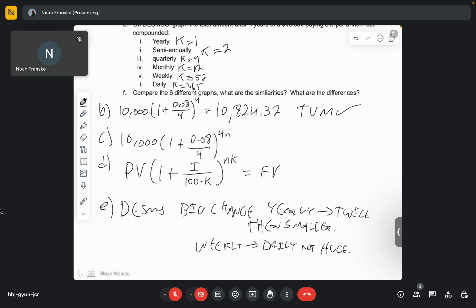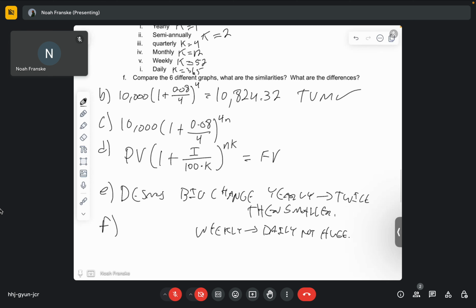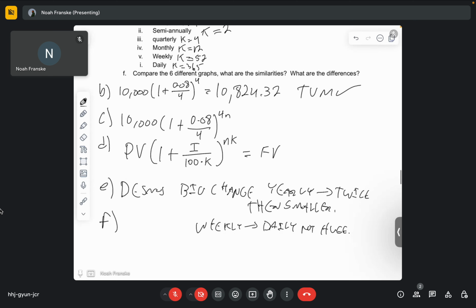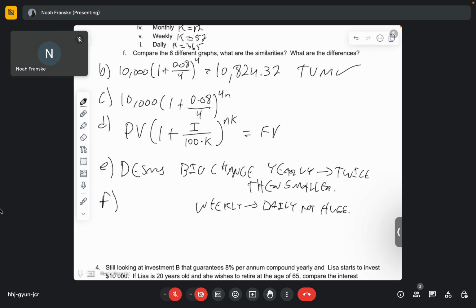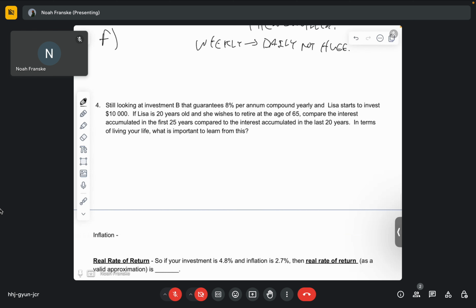That was actually part F. F asked us to compare them. What are the similarities? What are the differences? All exponential, for sure. And it gets better the more times you compound, but the differences become smaller as you go bigger.